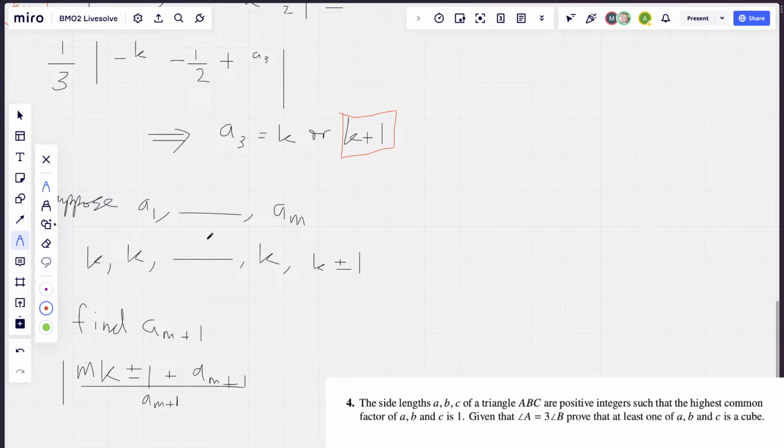Minus B squared A. Do we have a B squared A term? Minus B squared A plus A cubed minus A squared B.